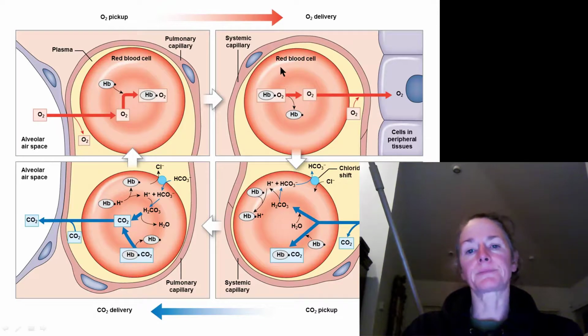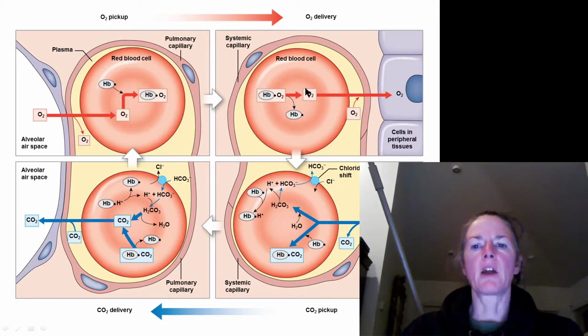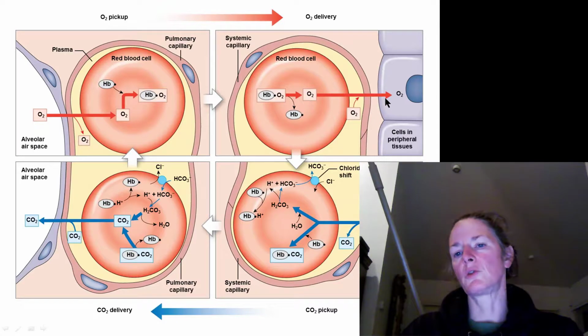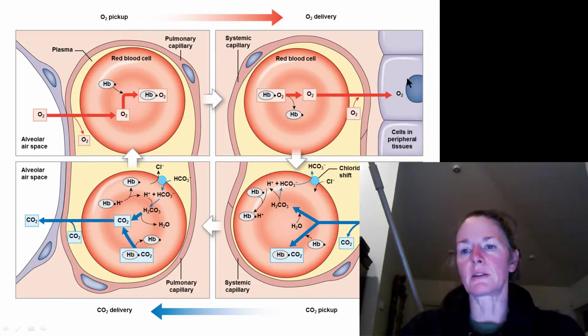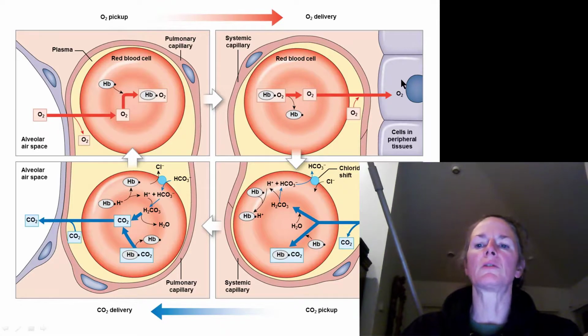And then that blood will reach the peripheral tissues, and now we're going to have a higher partial pressure of oxygen, about 95 within the blood, as opposed to about 40 within the tissues. So obviously oxygen is going to go down its concentration gradient, or its partial pressure gradient in this case, to the tissues.